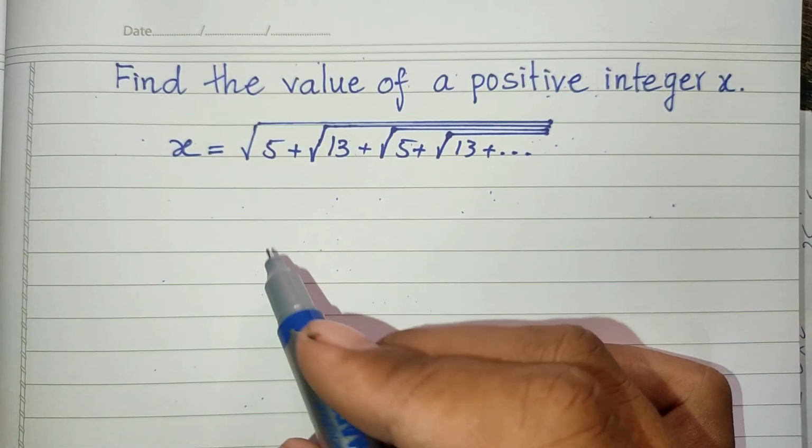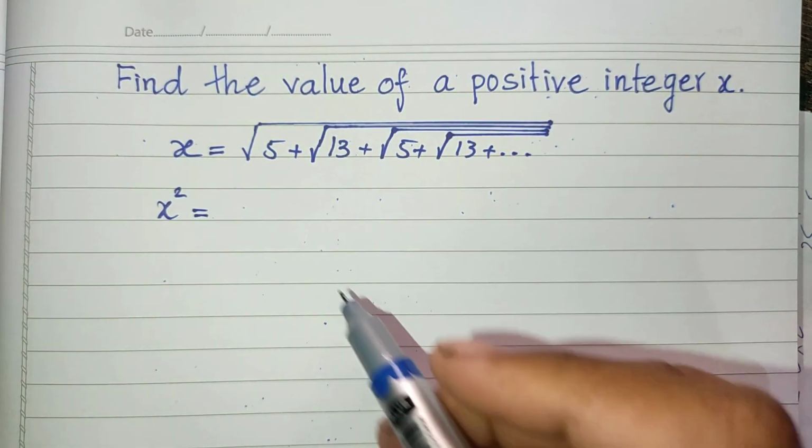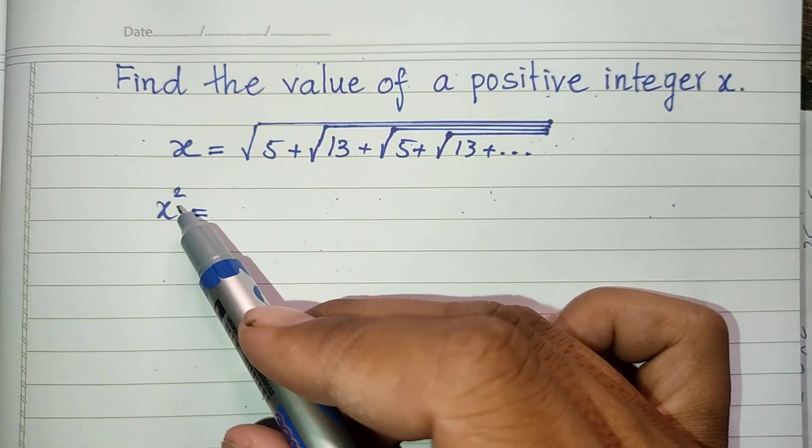So now I will write h squared is equal to this.